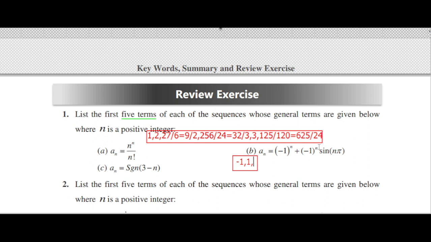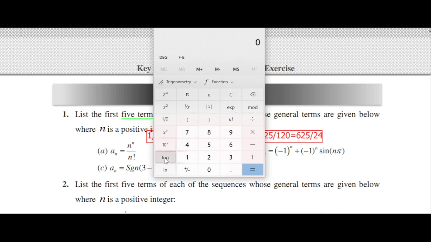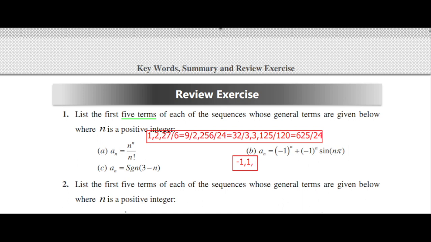Sine 3 times pi, sine 3 pi, here we have 0.